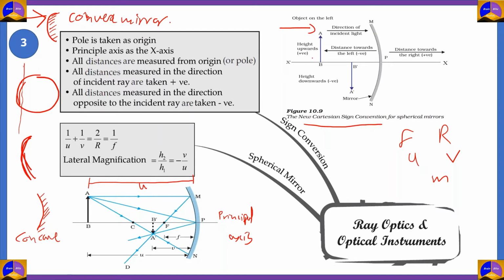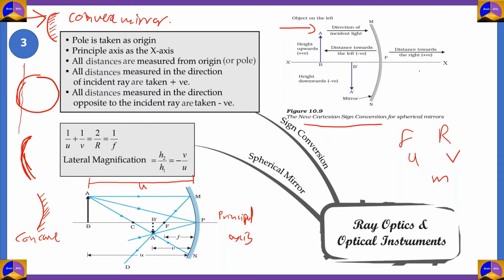So therefore, we can also say that all distances measured in the direction of the incident ray are taken as positive, and all distances measured in the direction opposite to the incident ray are taken as negative. So if we have an object here and we need to find its distance, you're essentially going opposite to the direction of the incident ray. So therefore, this distance is negative. If the image was to the right of the mirror, then you have to measure to the right side, which is in the direction of the incident ray.